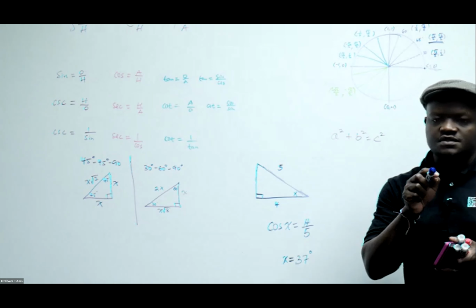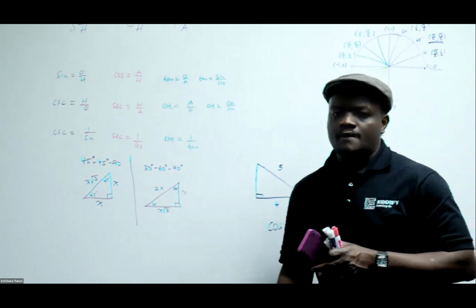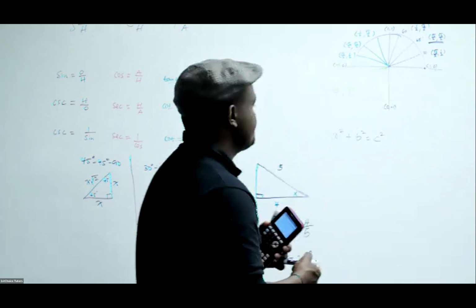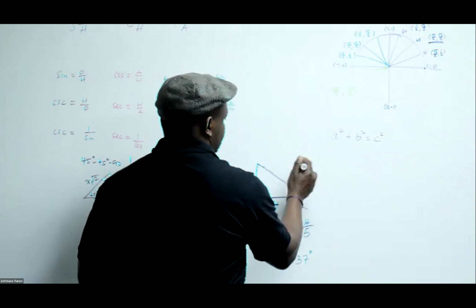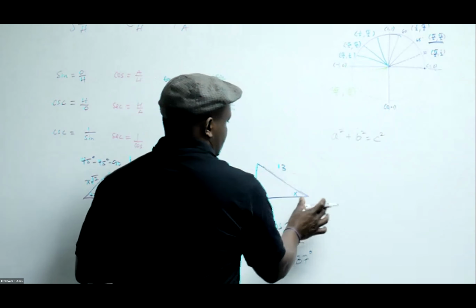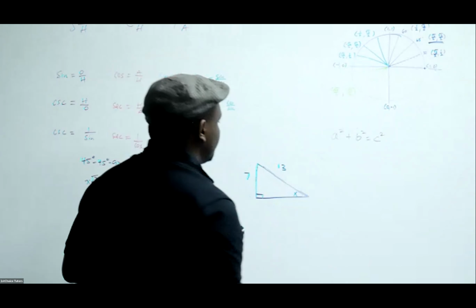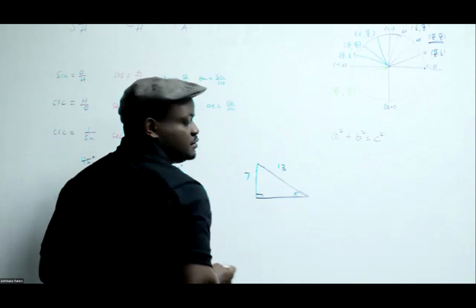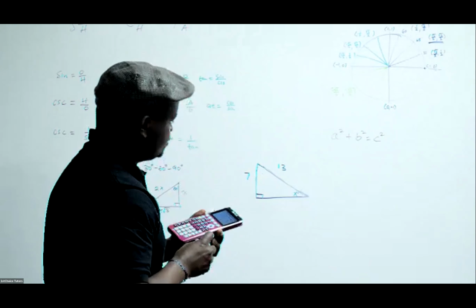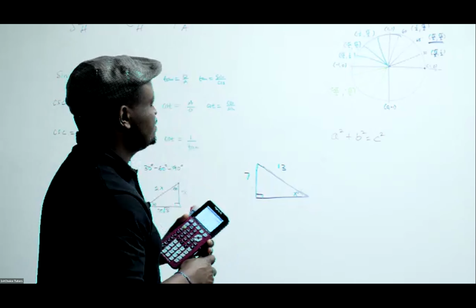So let's look at the next question. What does it say? Short leg 7, hypotenuse is 13, and then x degrees. So back to the drawing board again. Relative to the x, what's the 7? The opposite side. What's 13? Hypotenuse. So which of those three makes sense?